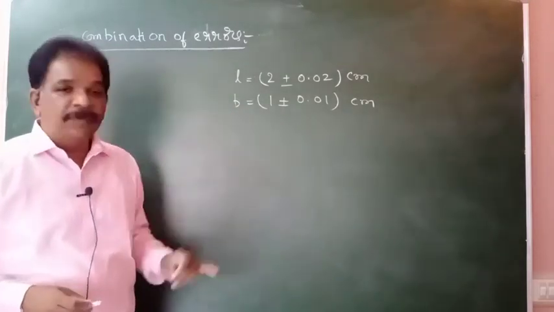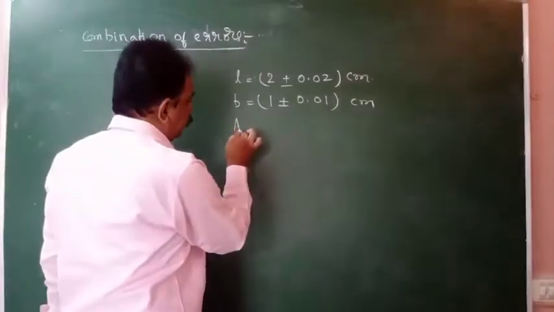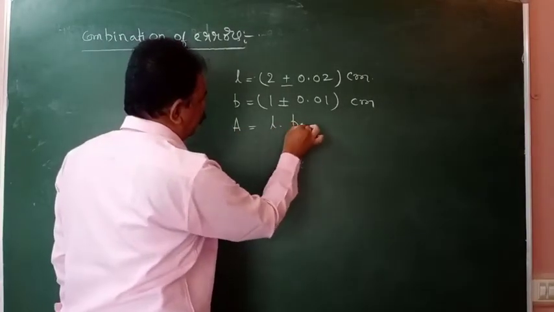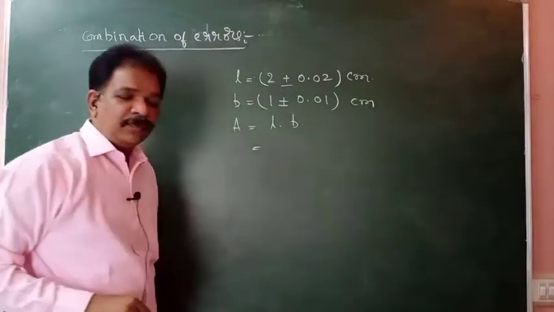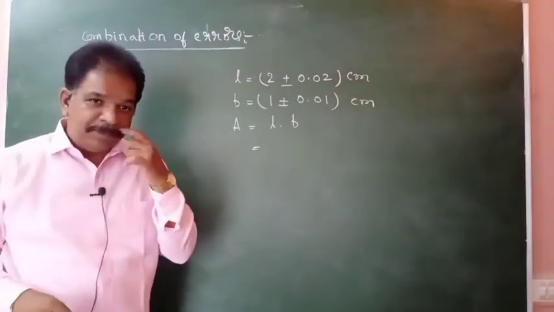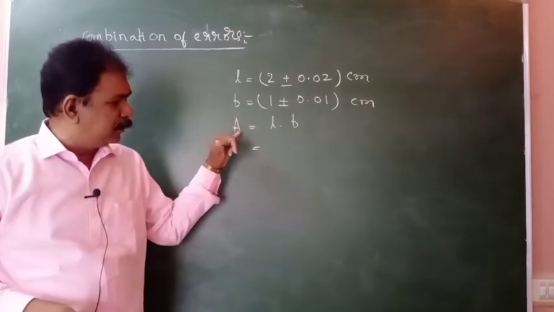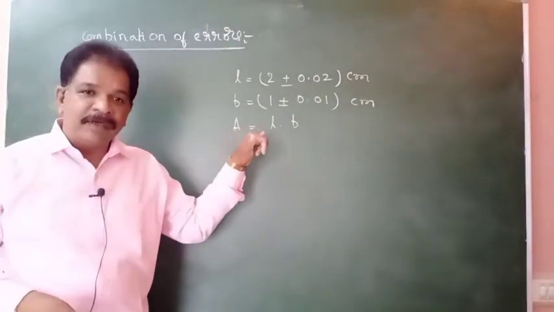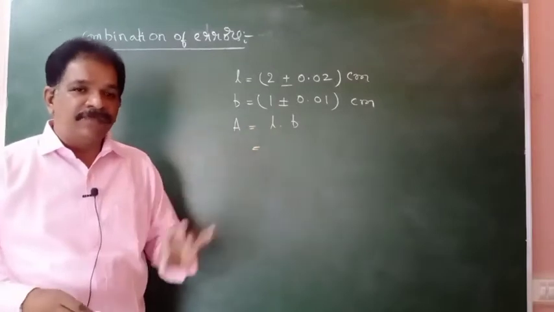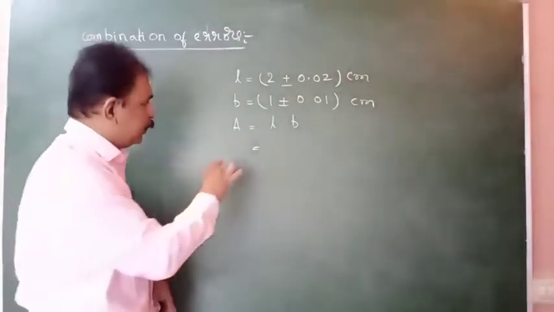They are asking to calculate the area. Area is equal to L into B. Then what they will ask is, find the relative error in the measurement of area. Like that question will be there.